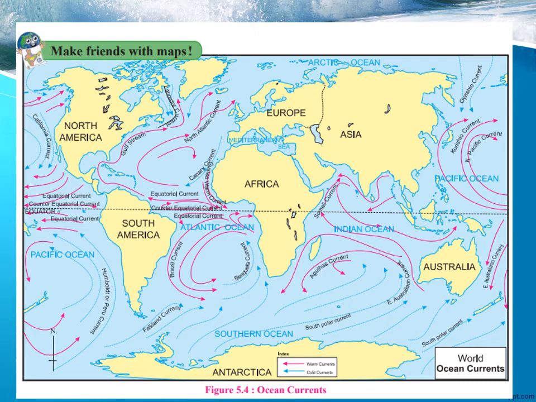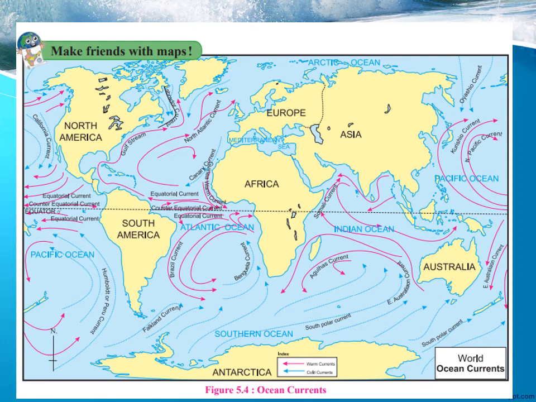When the currents are moving in a circular manner, what difference is visible in their direction in the northern and southern hemisphere, respectively? The answer is the ocean currents move in clockwise direction in the northern hemisphere and in anti-clockwise direction in the southern hemisphere.